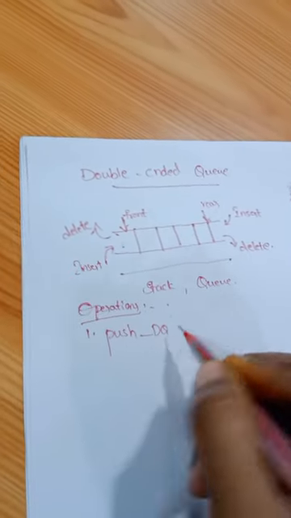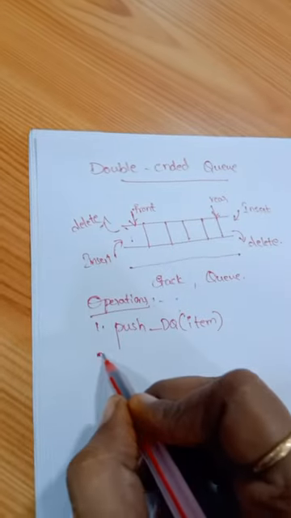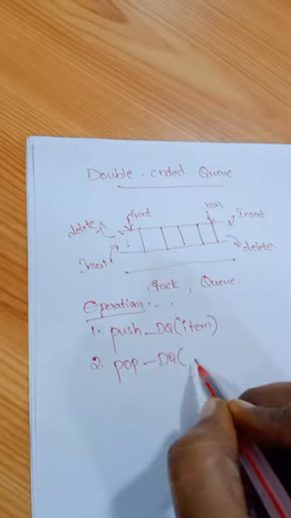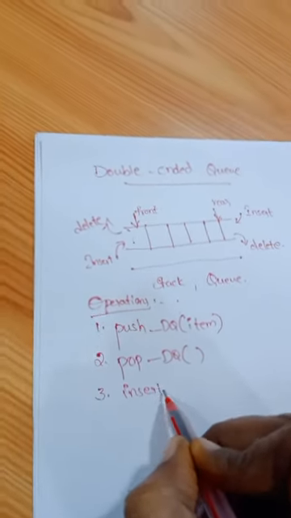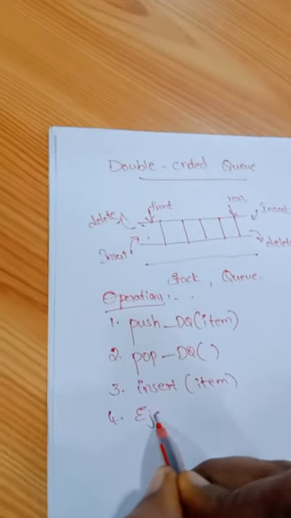We have four operations for this double-ended queue. Push DQ of item, the second one is pop DQ, the third one is insert of item, and the fourth operation is eject.